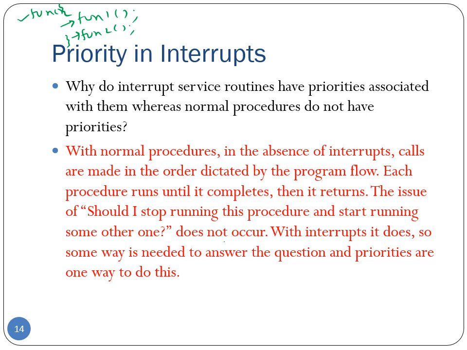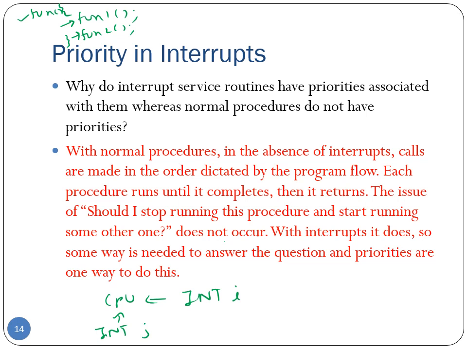So the thing is, with normal procedures, the order in which functions should be called is completely dictated and determined by the program itself. As opposed to this, with interrupts, let's say the CPU is right now serving some interrupt I, right? And the CPU is not yet done, and in the meantime, let's say another interrupt J arrives.